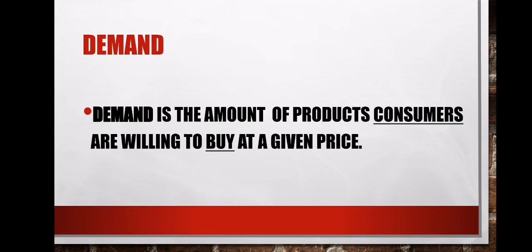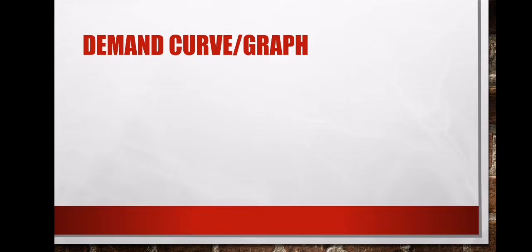Things that I have highlighted there, I have highlighted consumer, I have also highlighted buy. You will see how these assist us when we define supply. So we are saying this is the amount or the number of products the consumers are willing to buy at a given price.